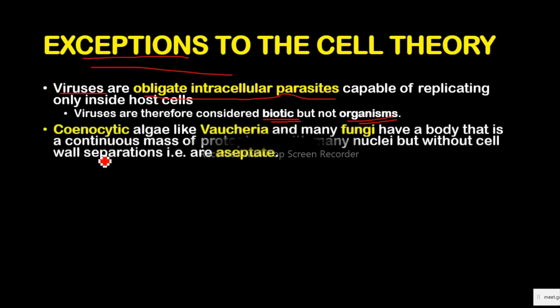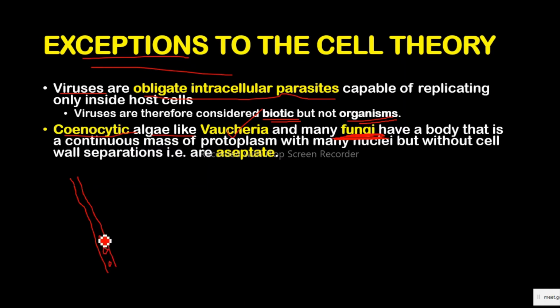Number two, we have coenocytic, or aseptate, algae, and most of the fungi, e.g. those in the zygomycetes. Their bodies are continuous. It is just a continuous hypha, or a continuous strand, with very many nuclei.